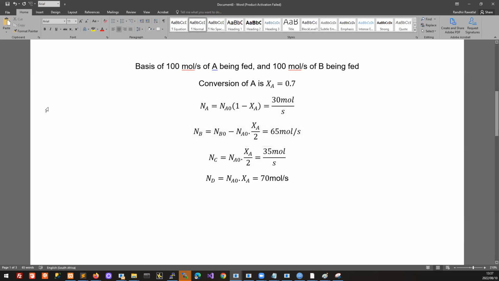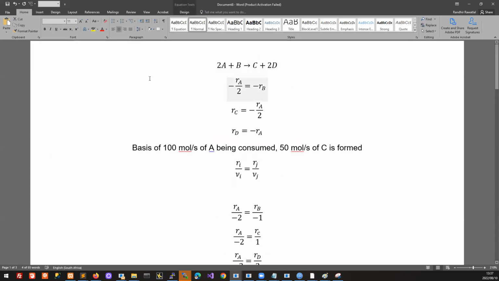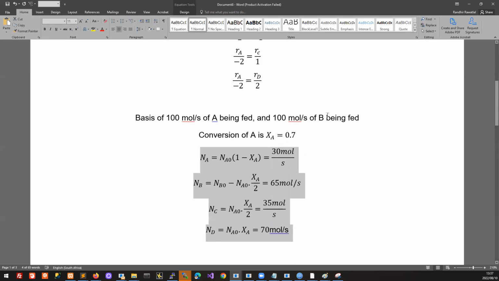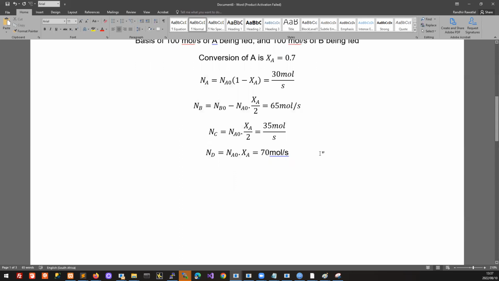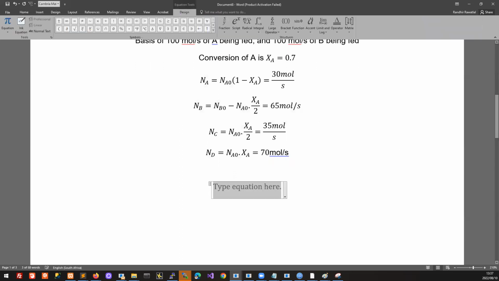Okay, so that's how you can do that if you kind of use your brain and work out each one. But if you don't want to use your brain, then you can use the formula.